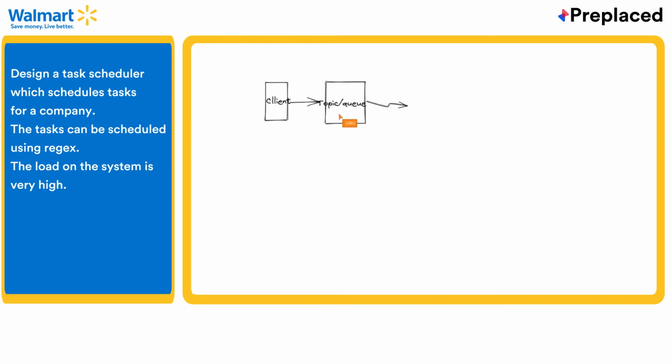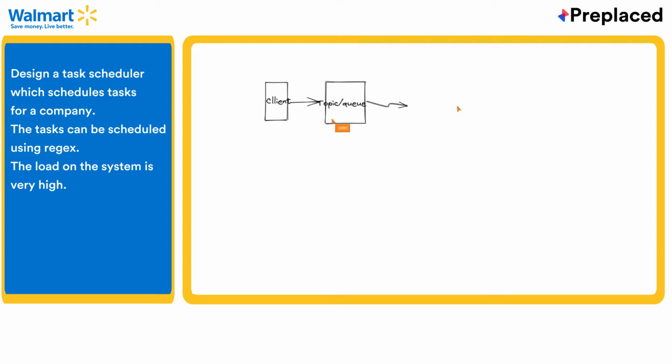First of all, just tell me one thing. How is this client communicating with this topic? Client can be anything, right? Are you providing a UI where someone comes and schedules a job, or what's the mode of communication between your client and this topic?